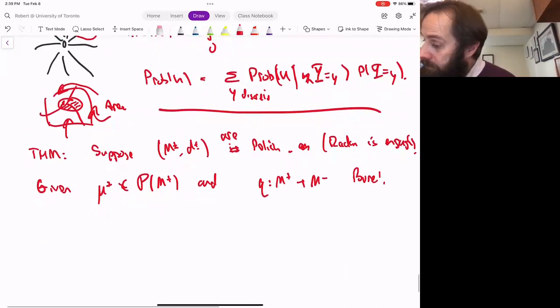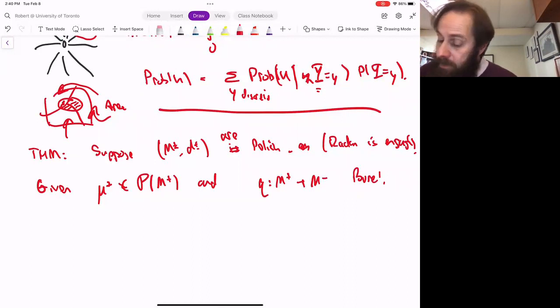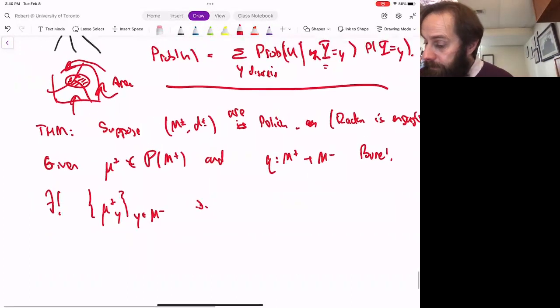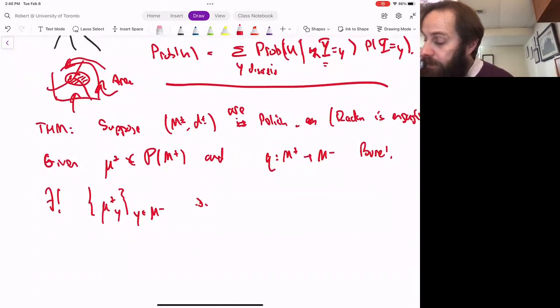Q is going to play the role of my capital Y up here. It says there exists an essentially unique set of measures mu plus Y, conditional measures for Y in M minus, such that several things happen.